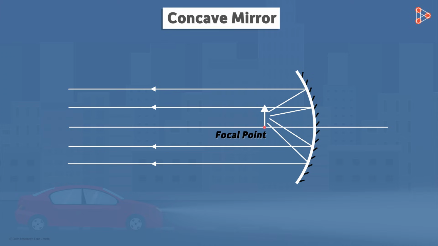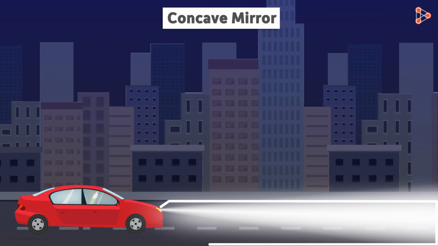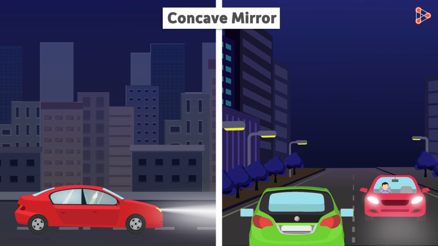So if we keep a light source, say a bulb, at or near the focal point of a concave mirror, then almost all the rays from the bulb after reflection will travel in one direction. If the same concept is used in the headlight of a car, it will give us the distant view of the road ahead. This solves our purpose of viewing cars or things which are at quite a distance away from us.